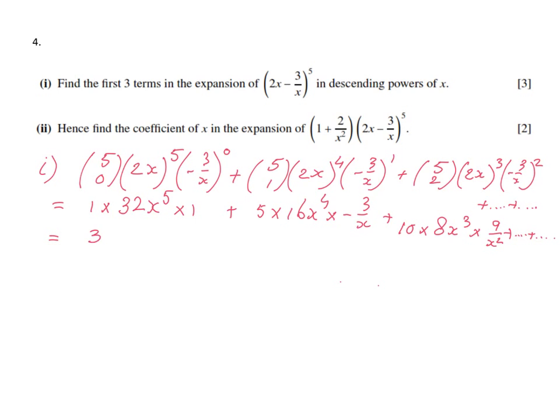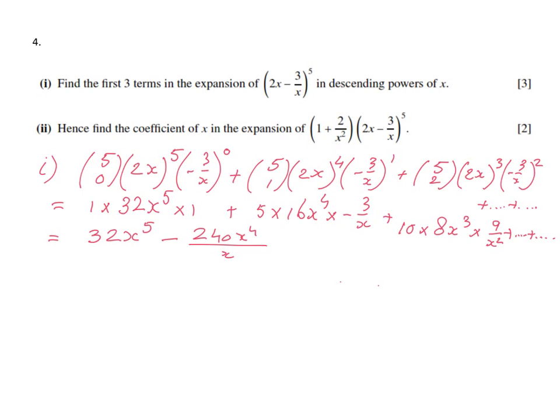Okay, now we're going to have a look. So we're going to simplify each term. 32x to the power 5. There you go. This will turn into a negative. So minus 5 times 16. Let me check. 5 times 16 times 3 is 240. 240 x to the power 4 over x.